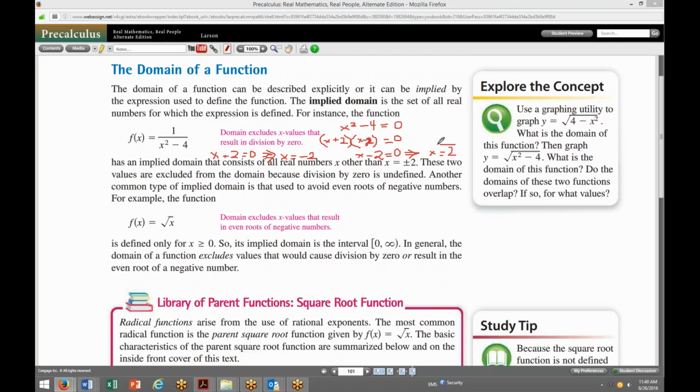So what does this mean? We're not solving the equation. That's not what we're doing. When I say x equals -2 and x equals 2, we have just solved the denominator. The denominator set equal to 0, and we found those specific values of x that are excluded from the function.